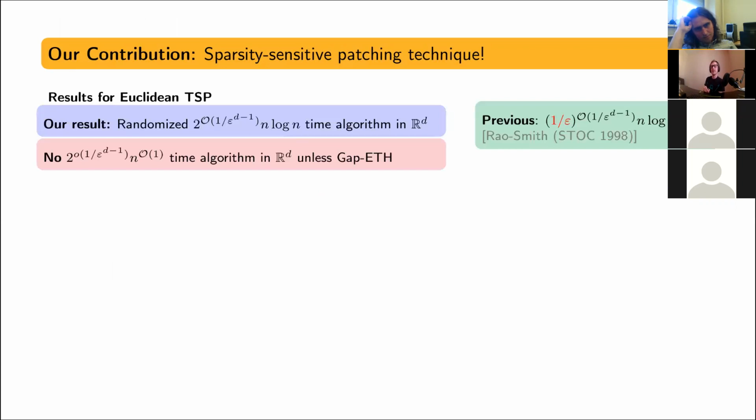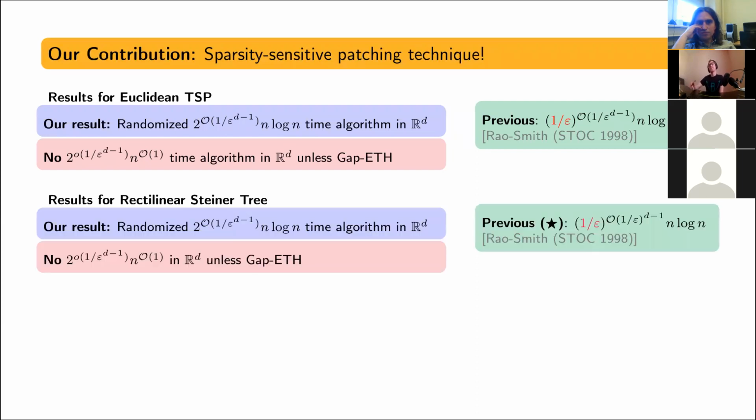And we also prove that it's optimal, assuming something called the gap exponential time hypothesis, even if you are interested in higher exponents in the n dependence, you cannot get below this 2 to the 1 over epsilon to the d minus 1. And the previous best algorithm was by Rao and Smith from the late 90s. So we basically replace this 1 over epsilon with 2 here.